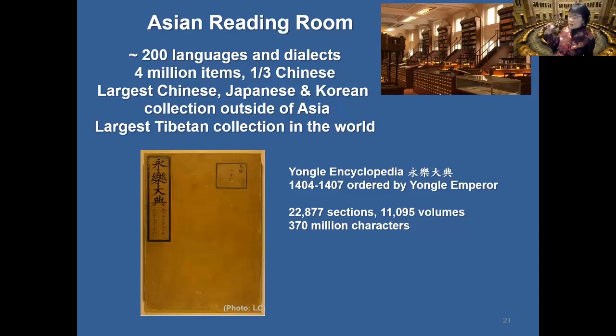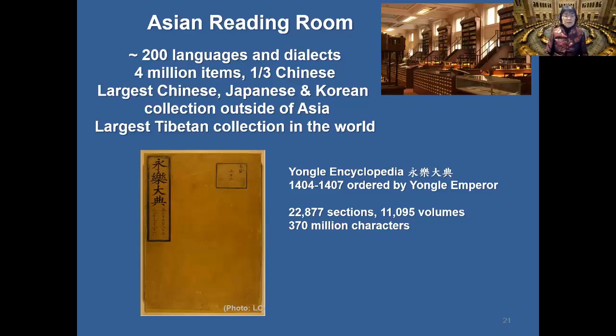I don't have it behind me, but the Encyclopedia Britannica only occupies one bookshelf. But you can imagine a gigantic encyclopedia like this. They only printed, I think, 4 sets.